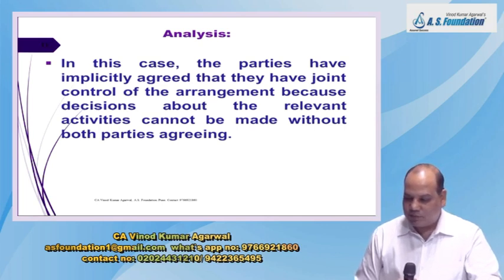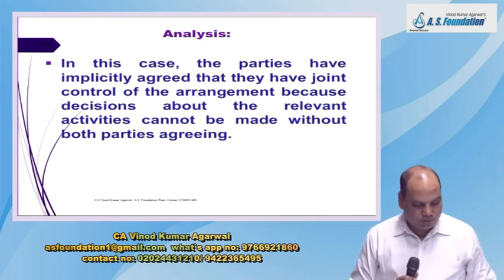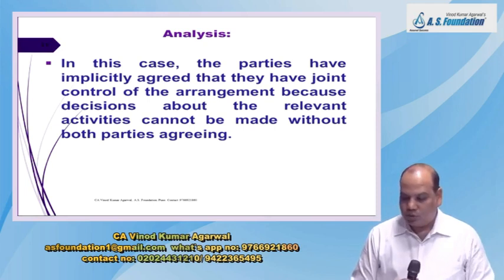In this case, the parties have implicitly agreed that they have joint control of the arrangement, because decisions about the relevant activities cannot be made without both parties agreeing.